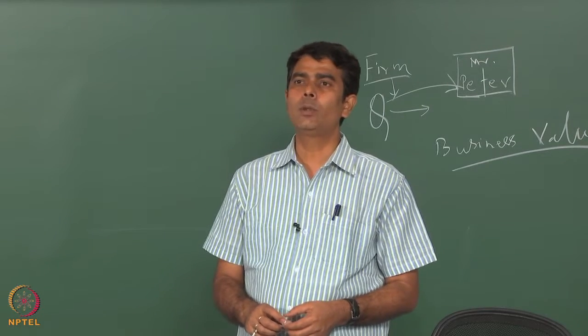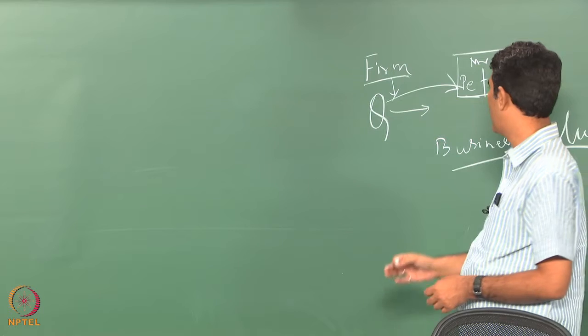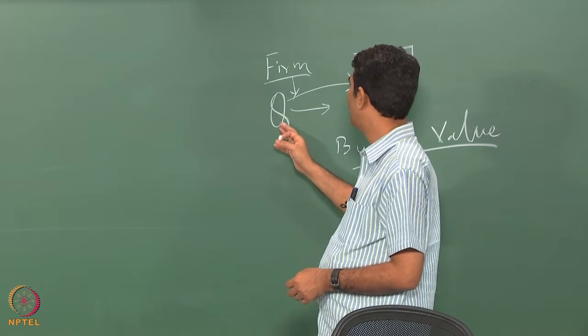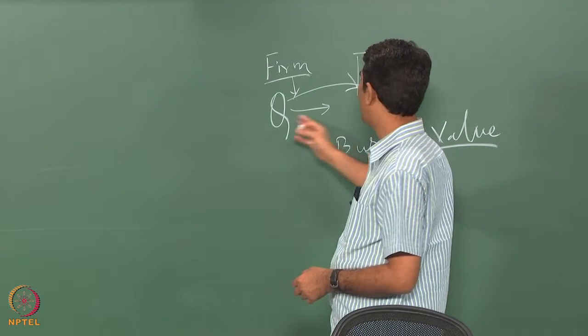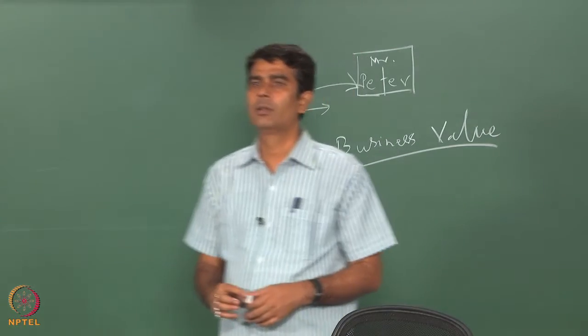The second point is non-compete agreements. Under non-compete agreements, one party, for example Mr. Peter, and another party, Mr. Q, the firm. So, the party which is the employee and Q which is the employer have this agreement.